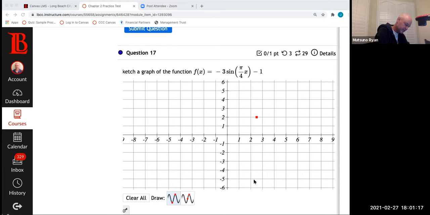So 1, 2, 3, 1, 2, 3. And we're going to go to 1, 2, 3, 4, 5, 6, 7, 8. So we're going to break this up into 4 pieces. So 8 over 4 is 2. So we're going to go every 2.